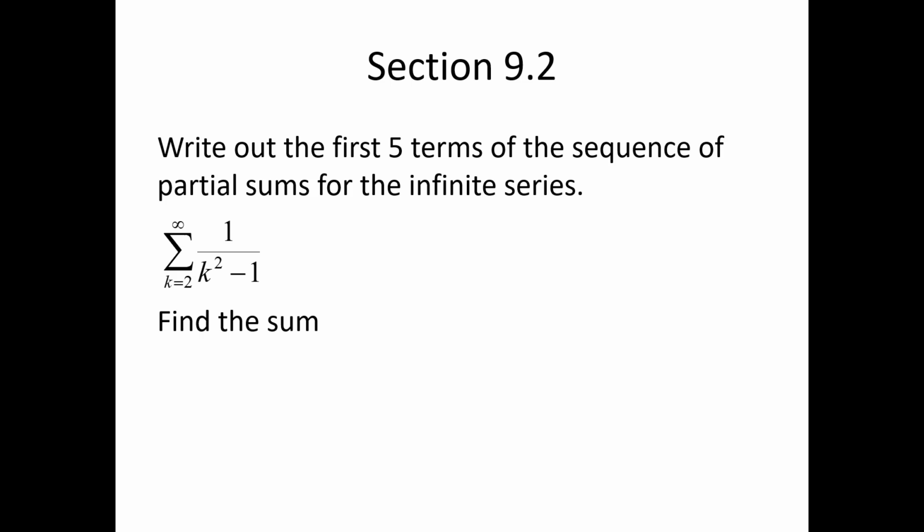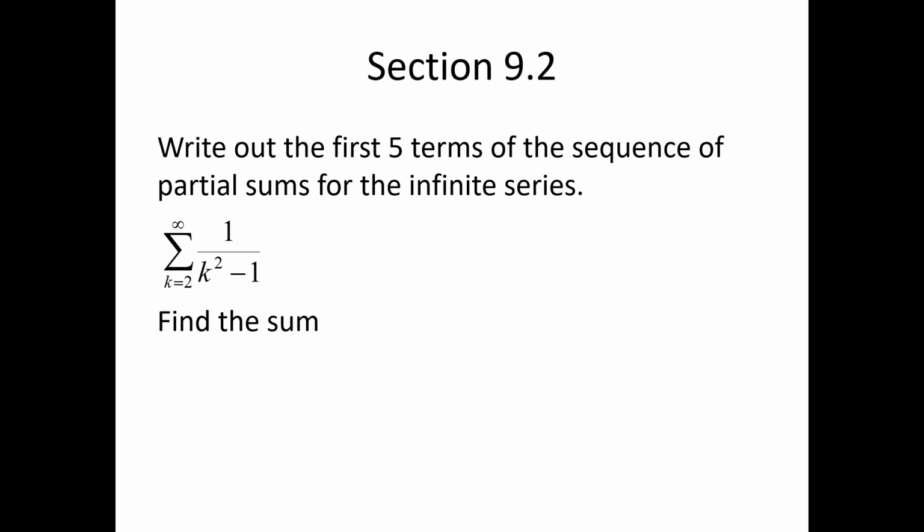So your instructions here are to write out the first 5 terms of the sequence of partial sums for the infinite series, and then to find the sum. Okay, so telescoping series, you're going to want to have a sequence of partial sums where some of the terms start canceling out after a moment, right?